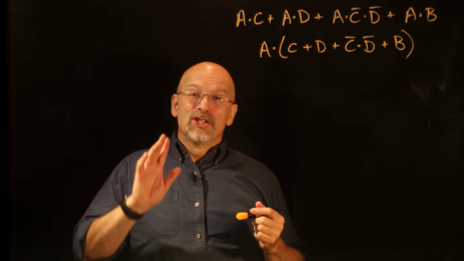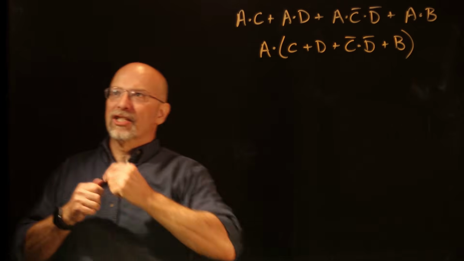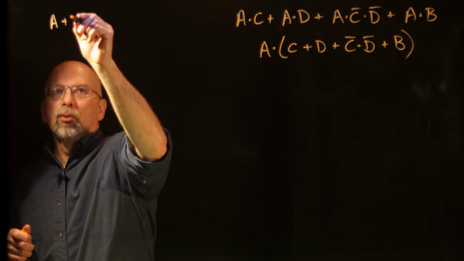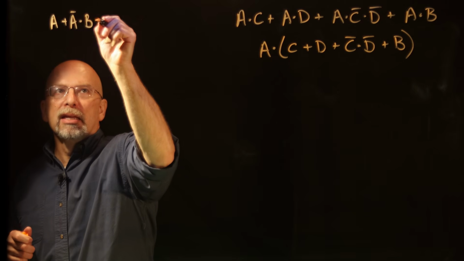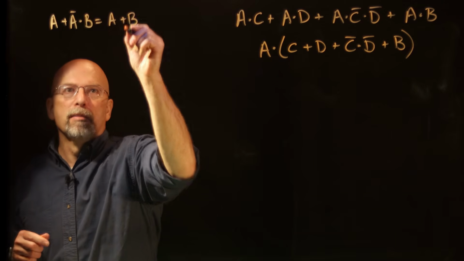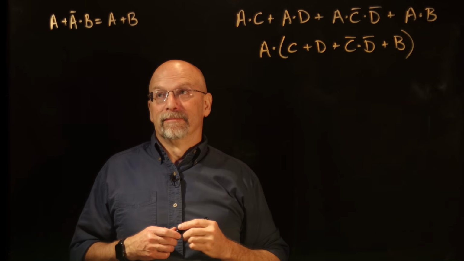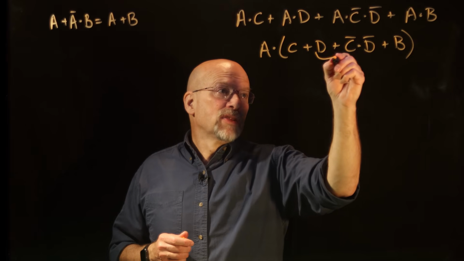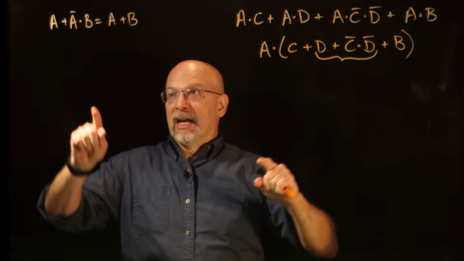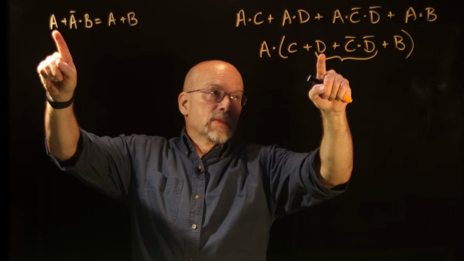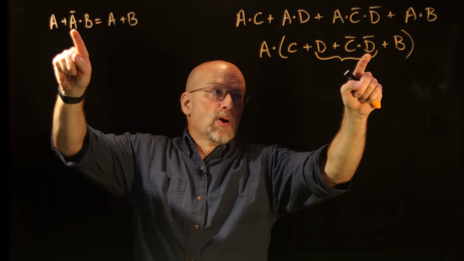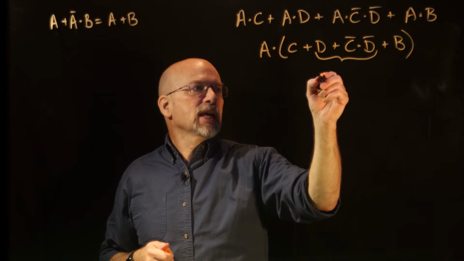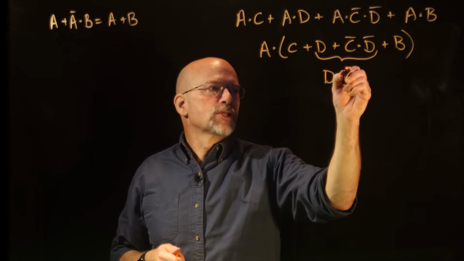All right. Now, there are a couple of ways we could do this. First of all, do you remember we had a property that A ORed with A bar B is equal to A or B? Do you remember that one? Well, we have that kind of here, don't we? If I look at these 2 terms right here, and I substitute D for A, which means D bar is substituted for A bar, and then C bar is substituted for B, this is actually equal to D or C bar.